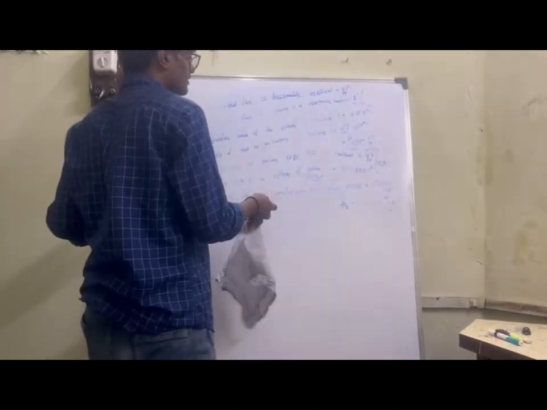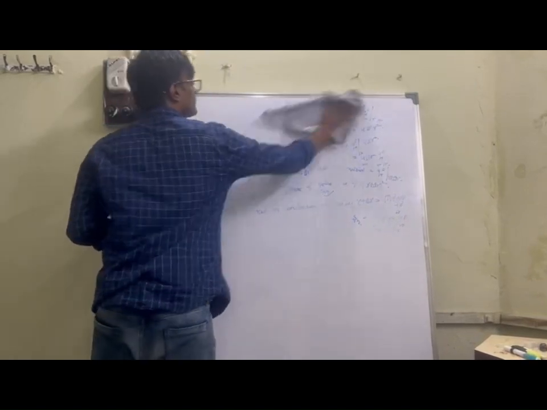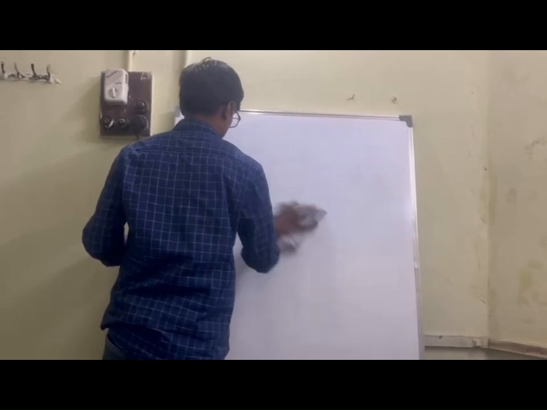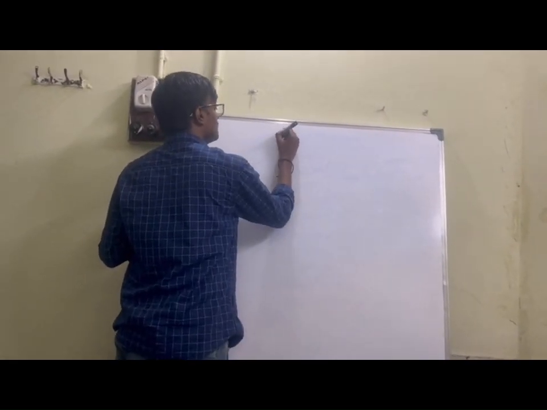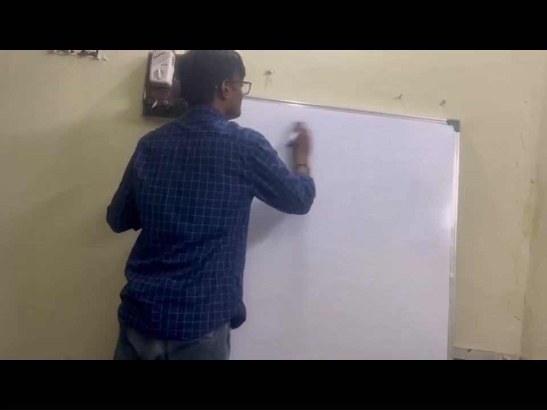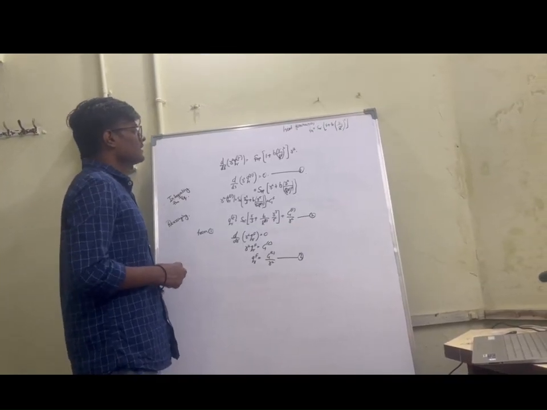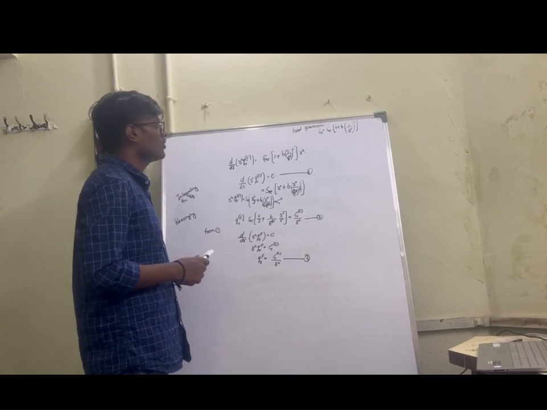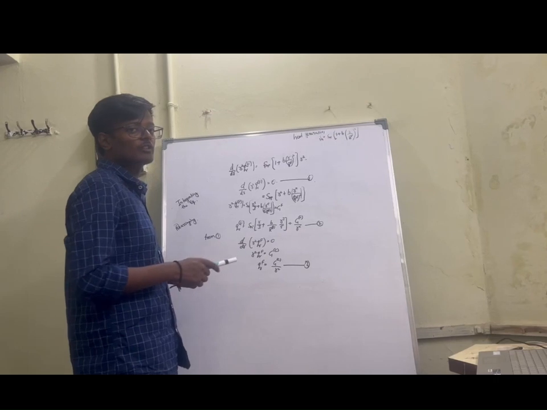Now we will put in the shell energy balances. Now d by dr of r square QRF is equal to Sn naught (1 plus b (r by rf) whole square) r square.